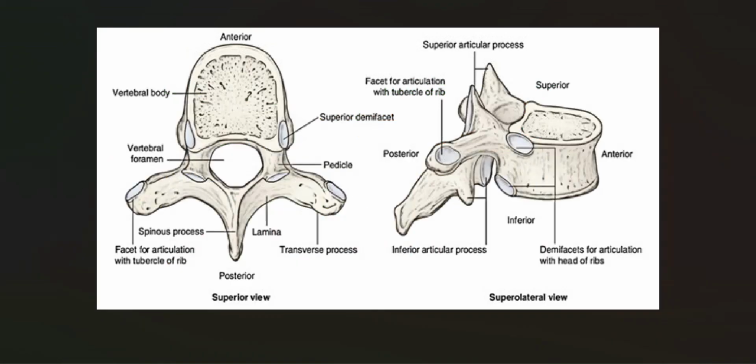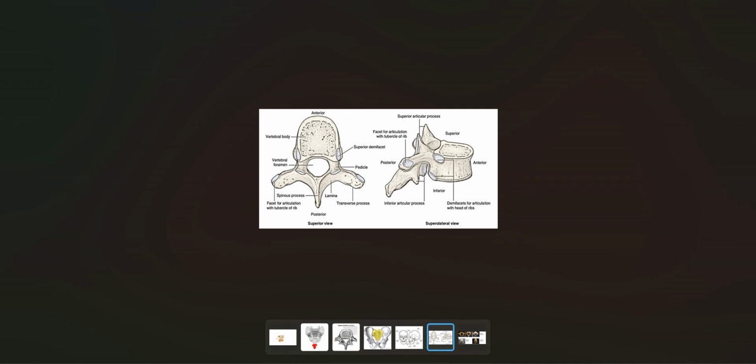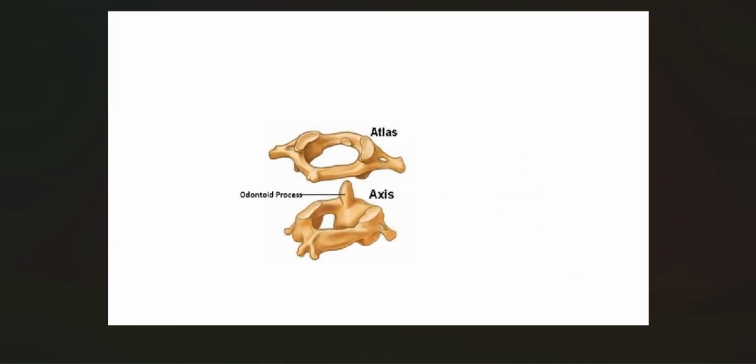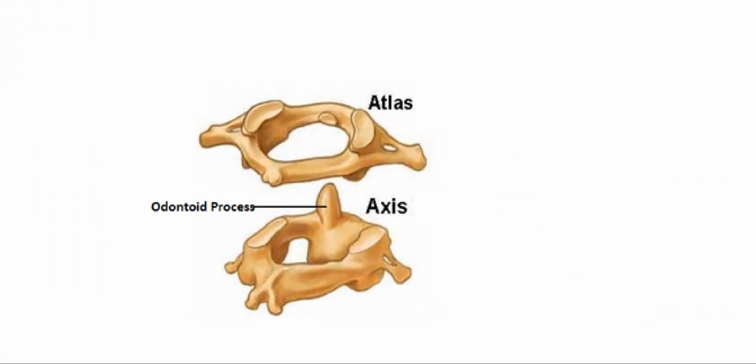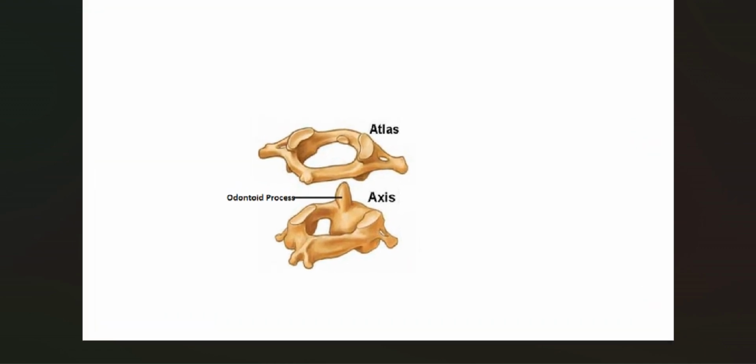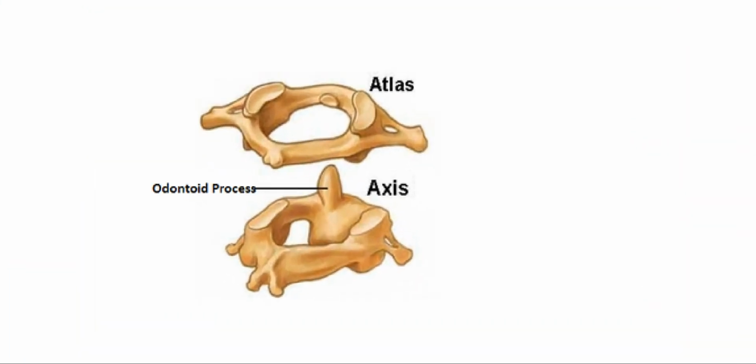So I will show you a picture of atlas and axis. Here you can see the difference between them. For foramens, the last one, presence of a superior projection arising from the vertebral body is present in the axis, not in the atlas.